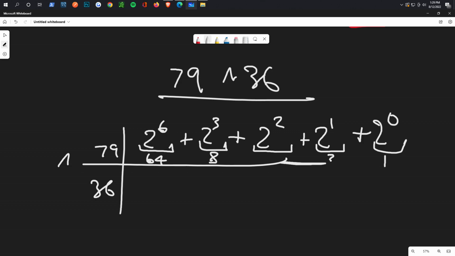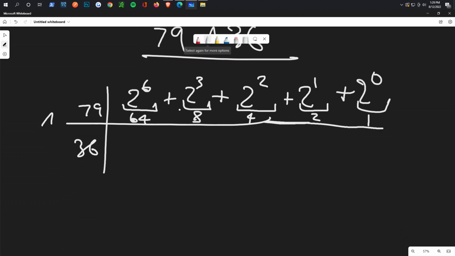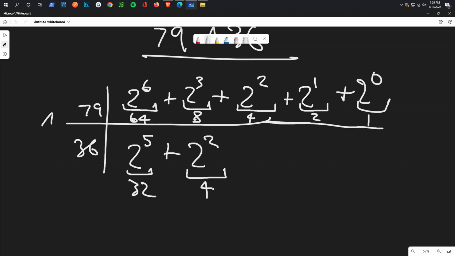So we have 1, 2, 4, and let's see. 64 plus 8 is 72. 72 plus 4 is 76. And 76 plus 3 is 79. So we're good there. Now for 36, the ones we can fit in are just these two. So this is 32, and then this is 4.